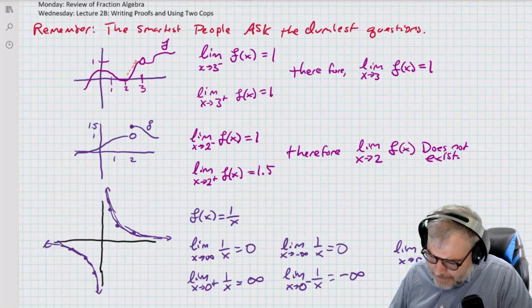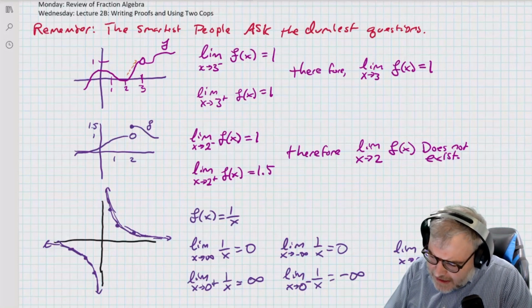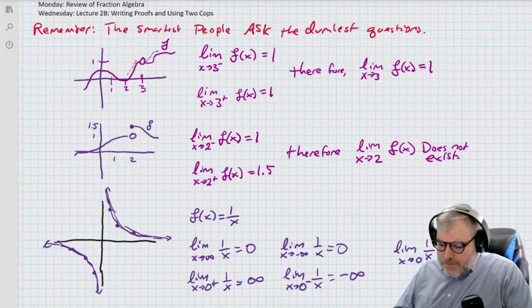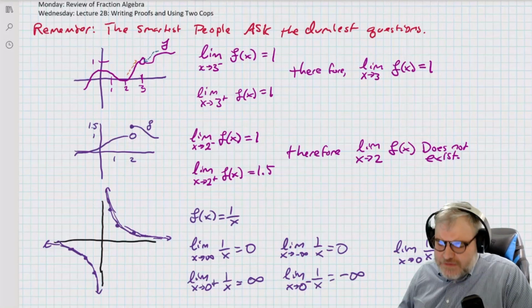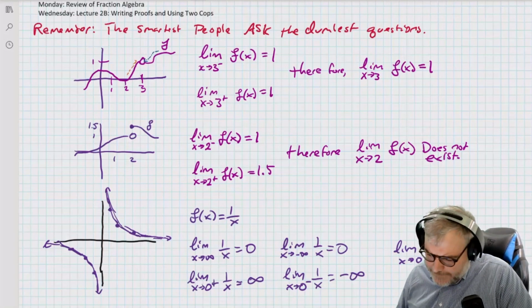Yeah, it approaches 1. And then as I come from the right, I also approach 1. Okay. If I zoom in on this function, I get closer and closer to 1.